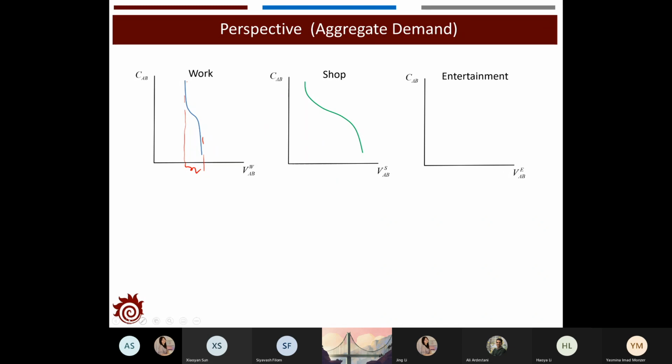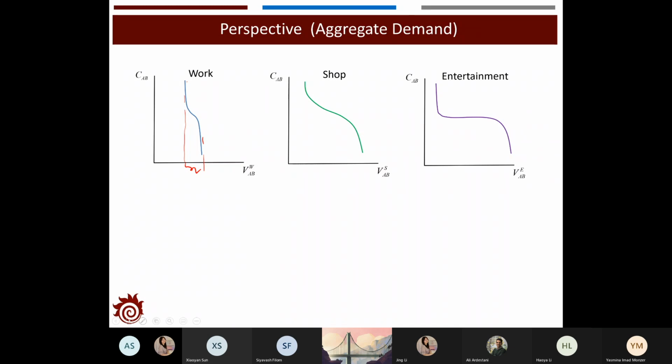It's not very significant, or it's not very low. It's not like the work type of trip. For the trip to work, it's mandatory, and for the shop, it's optional. While for the entertainments, it's very different. So people will pay a lot of attention to the actual cost they have to spend for the trip.